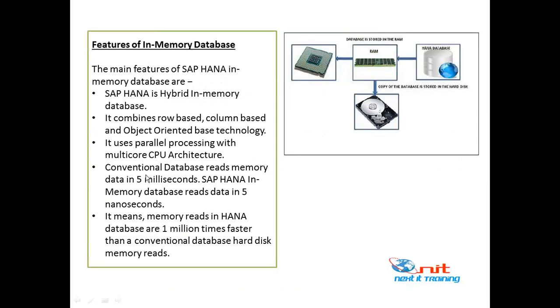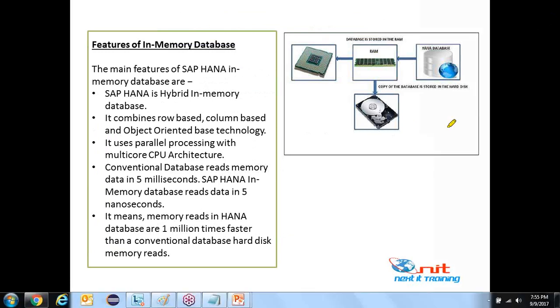So this is the main slide I want you guys to focus on. What is SAP HANA? Everyone says in-memory database, in-memory database. What exactly is an in-memory database? We all know the regular RDBMS databases always fetch the data from the hard disk, right? The secondary storage.